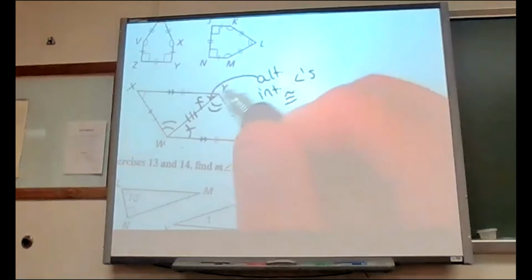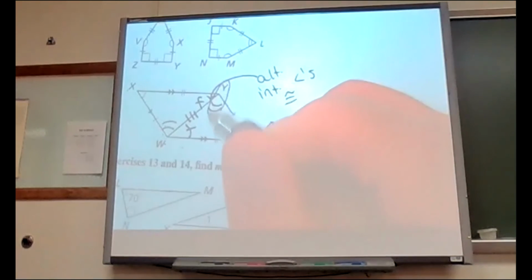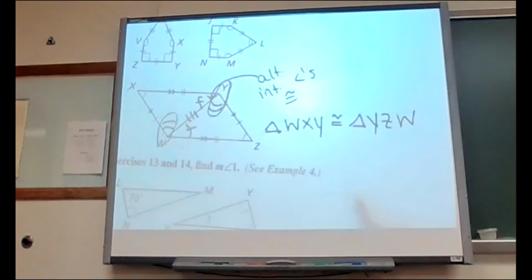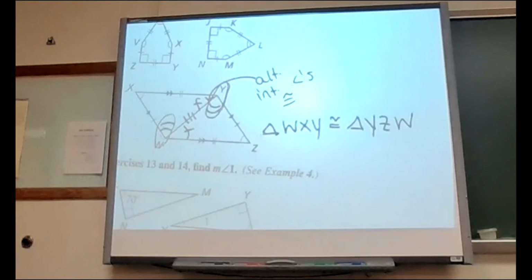ZW. Making sure I started. So another thing I checked is that in this triangle, I have those double arcs. So I got to start at the same part. W goes to Y. It's another way you could look at it. X goes to Z. This Y in this triangle goes to W in the bottom triangle. Okay, it's a parallelogram, so we have alternate angles.